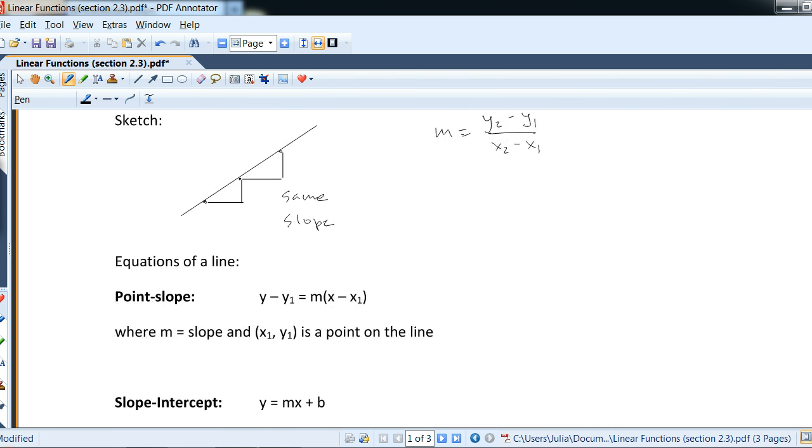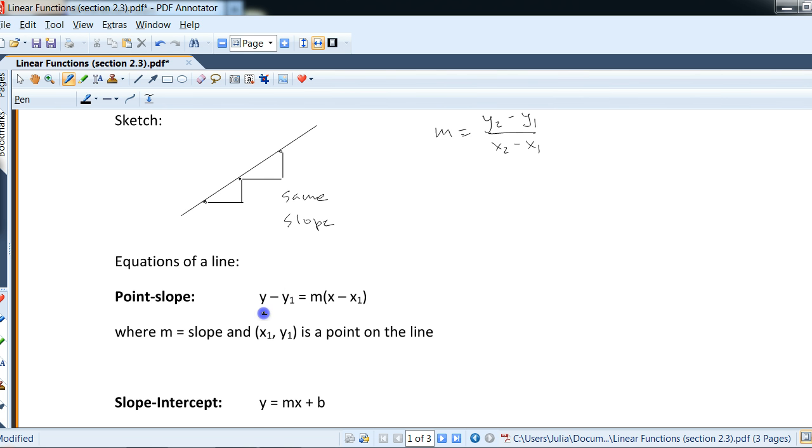Let's see, slope-intercept form. This one is going to be a unique equation, y equals mx plus b, because how many y-intercepts can the line have? Well, only one, because it can only cross the y-axis once, so this b would be unique. So if we don't know the b, we can go from point-slope form, distribute the slope, and then add this y right here.